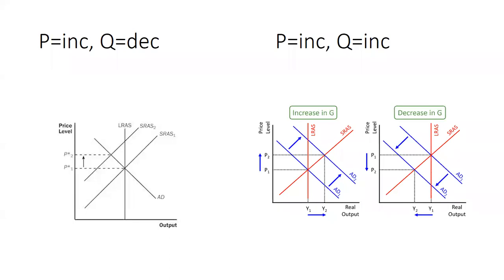Now, simultaneously, the value of the dollar falls, which, by the way, you do not need to know, but it makes US prices seem cheaper. If price levels are cheaper, foreign countries are going to buy our goods, so net exports are going to increase, so AD is going to shift right.